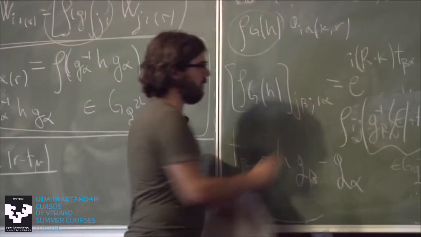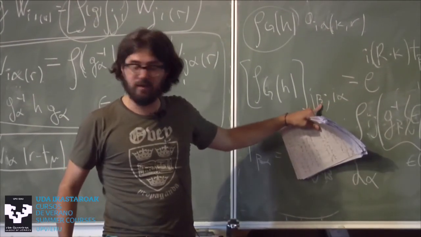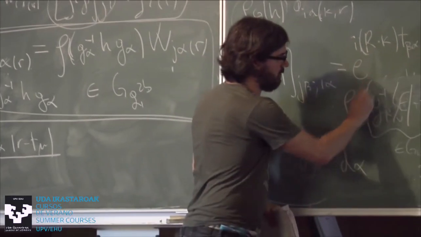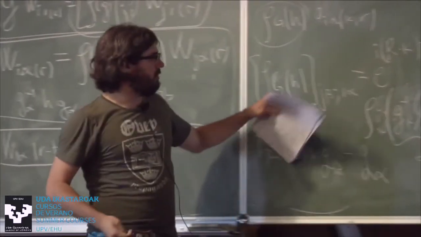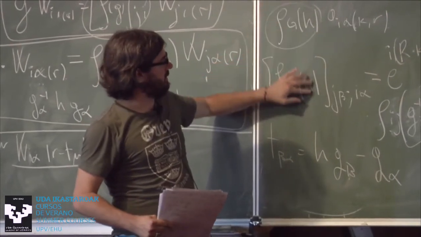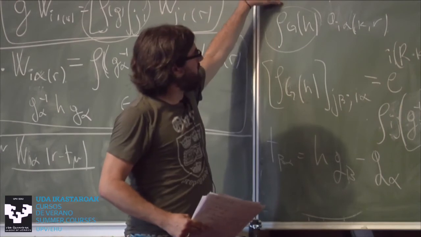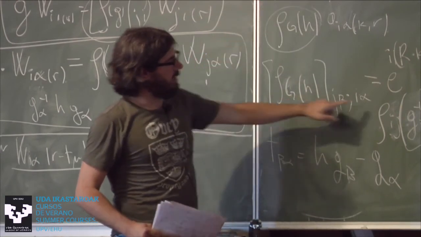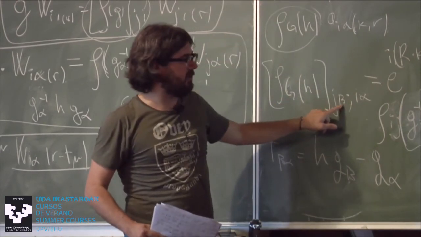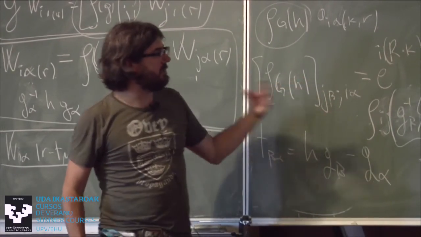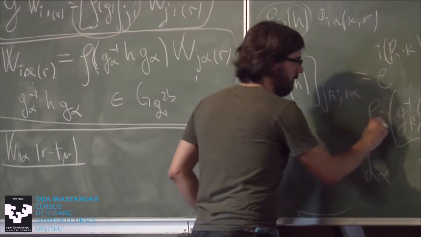But the point is, once knowing alpha, there's only one beta that satisfies the following condition. So if I know H, which is an element of the space symmetry group, and I know alpha, I'll be able to tell you what beta is. For all other betas, this matrix is 0. So this is how you induce representations.